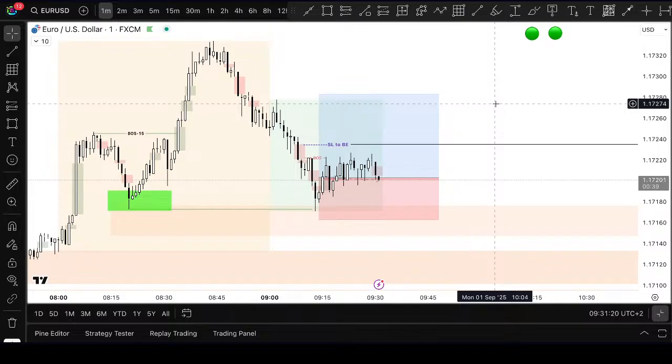Let's see, half an hour has lapsed. It has given a good correction. Of course, it can start its own journey now. So let us see.